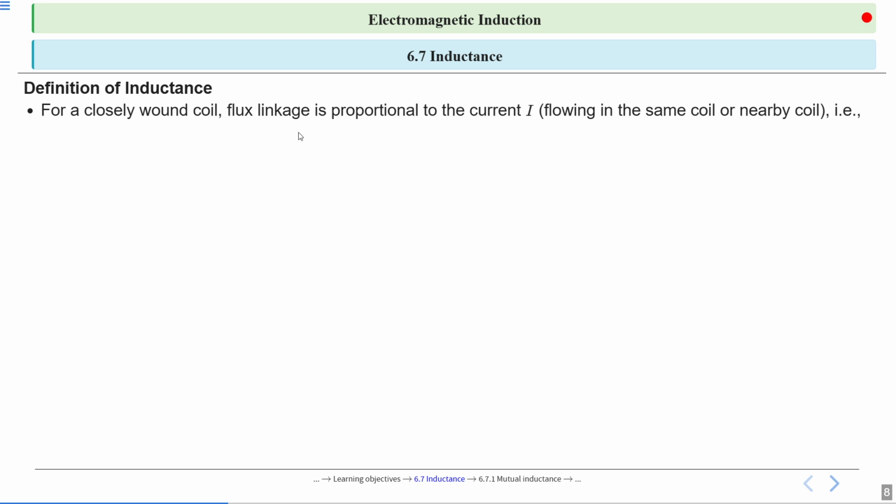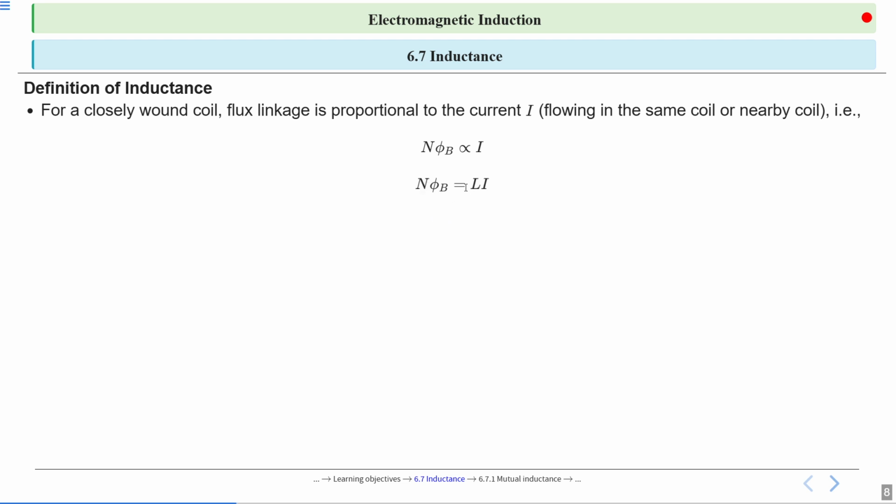So for a closely wound coil, flux linkage is proportional to current I, means n phi b is directly proportional to I. So it is applicable for both mutual induction and self induction. Okay, so flux linkage is directly proportional to current flowing through it.